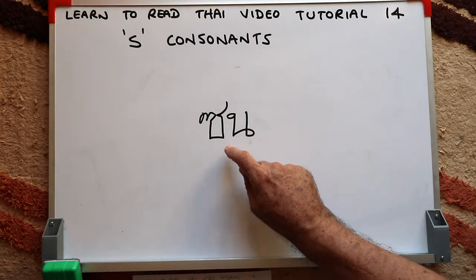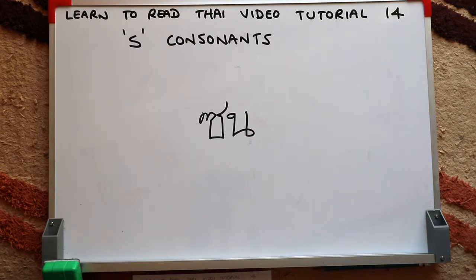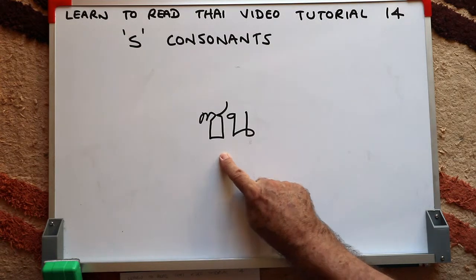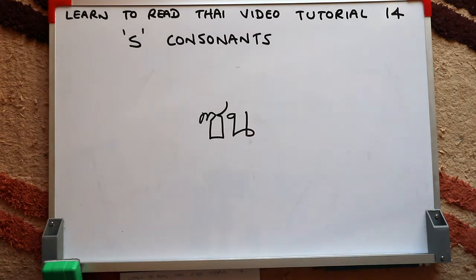So what we have to do, we have to insert an O in there. ซน ซน ซน Okay, so the tone rule, we've got a low class initial consonant, and if the syllable ends with an N, we can continue voicing it. So it's live. And if you look at the tone rule for a low class initial consonant and a live syllable, it gives a mid-tone.